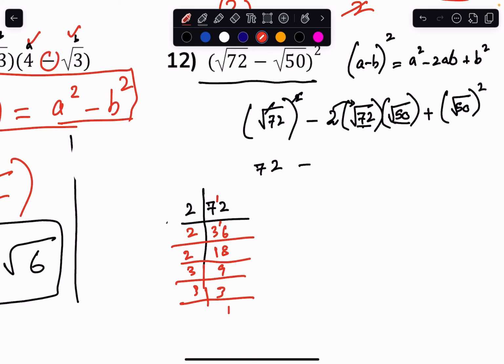Pair is this and this. This will come out. 2 times 3 is 6, and 2 will stay inside, right?